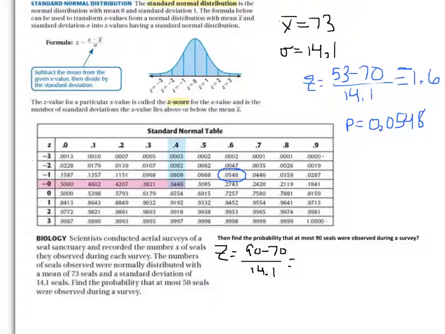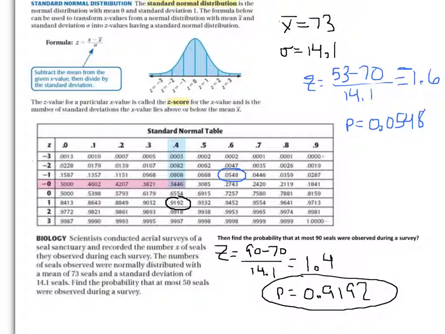So 90 minus 73 over 14.1, you get 1.2. So if I look at 1.2, I have 1.0, 1.1, 1.2. So the probability equaled 0.8849. So that's how we use the z-score.